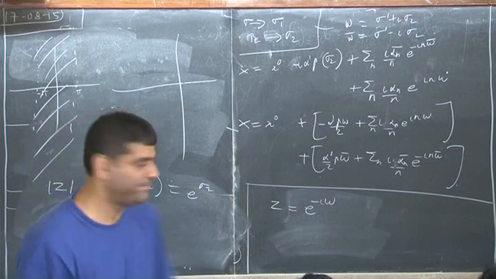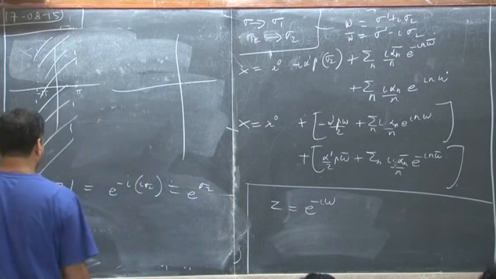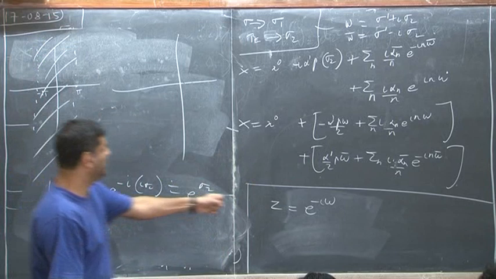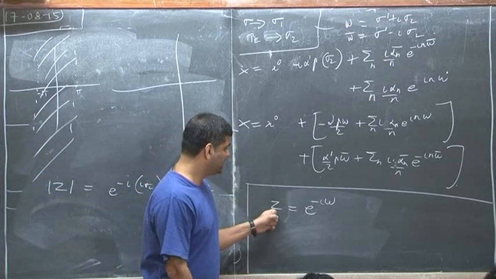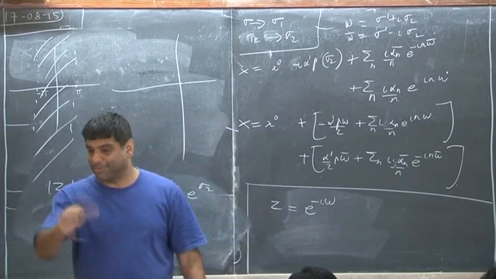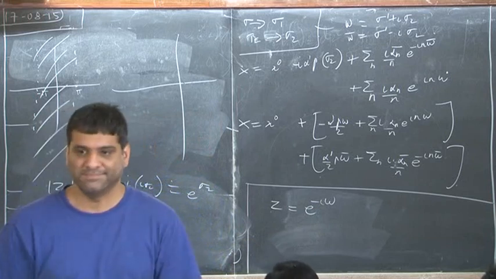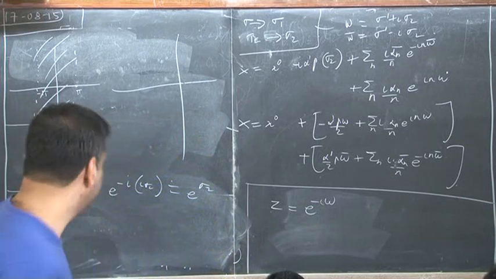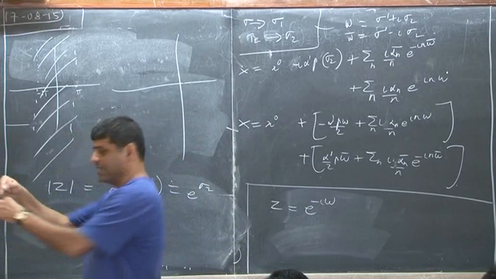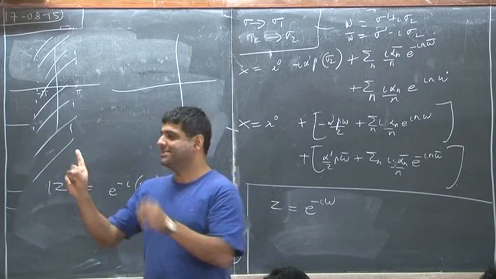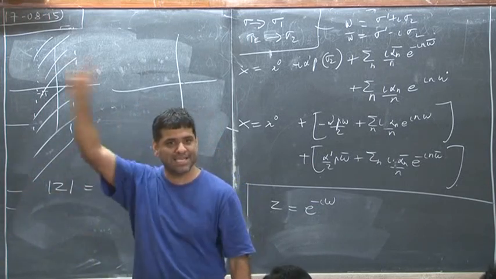Next, let's look at the argument. Clearly, the argument of Z is just, up to a minus sign, sigma 1. So where you are on the circle of the cylinder tells you what angle you are in the Z plane.